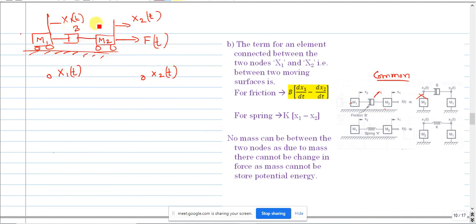So two displacements are there, two nodes, and again you need to represent the element which is subjected under x1 of t as well as the element which is subjected under x2 of t. For x1 of t purely m1, so m1 I will represent, and for x2 m2. So this is also done.